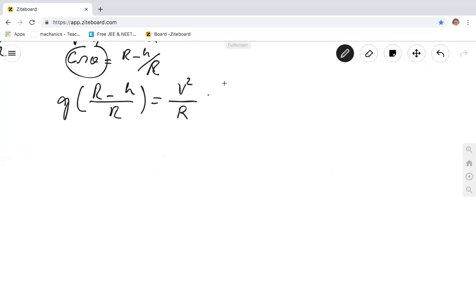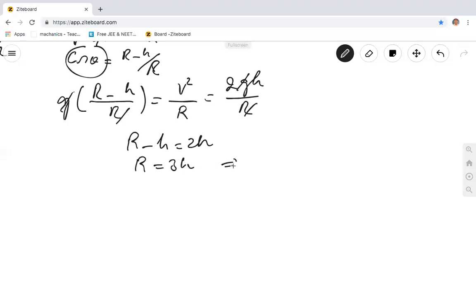What was v square? 2gh, so 2gh by r. R gets cancelled, g finishes off. R minus h is equal to 2h. Okay? R is equal to 3h. h is equal to R by 3.